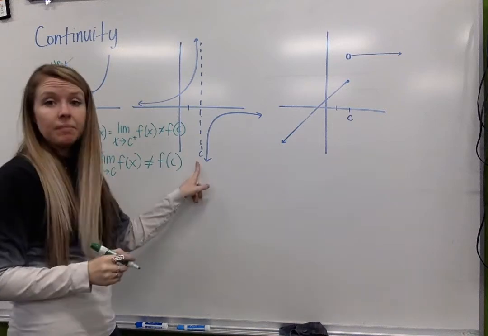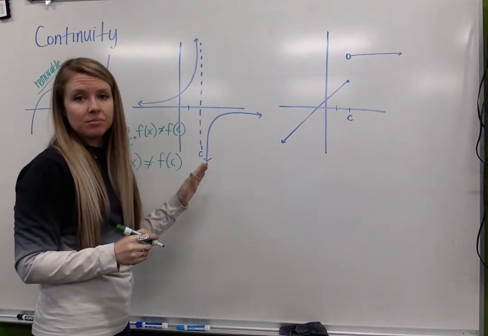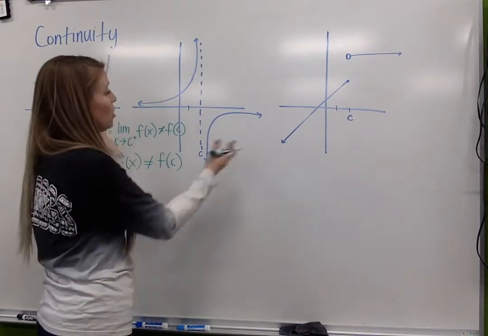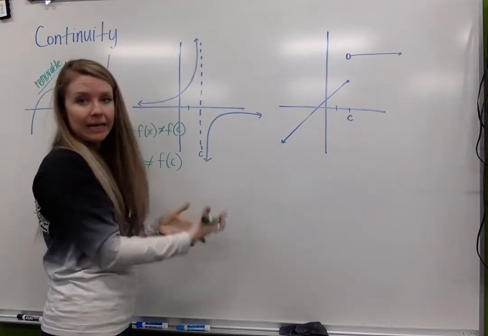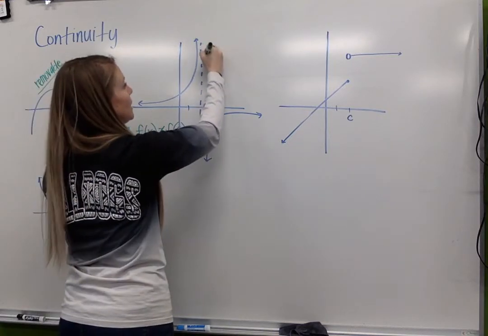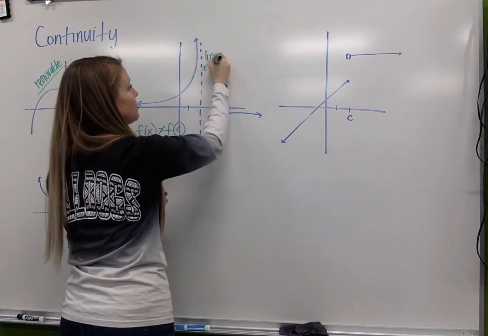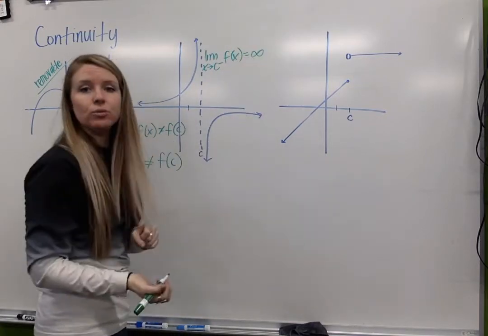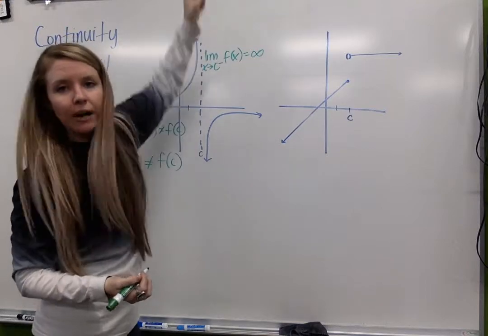All right, here, with this graph, we can see this asymptote. This is an asymptotic discontinuity. We have an asymptote. There's clearly a gap in our graph here. With this one, the limit as x approaches c from the left is going to infinity. It's going up forever and always.